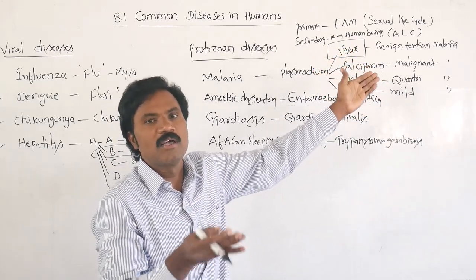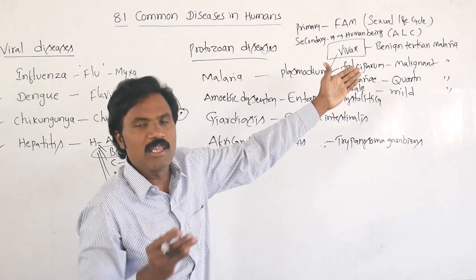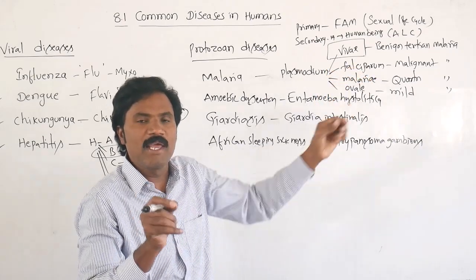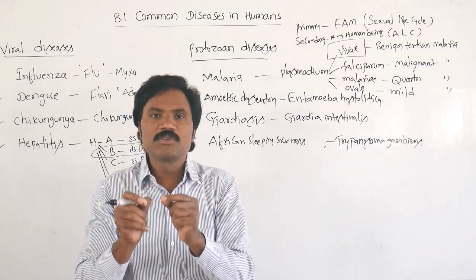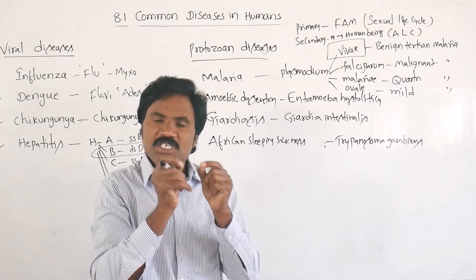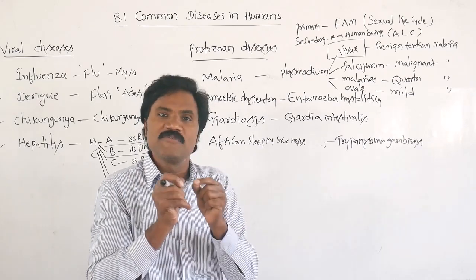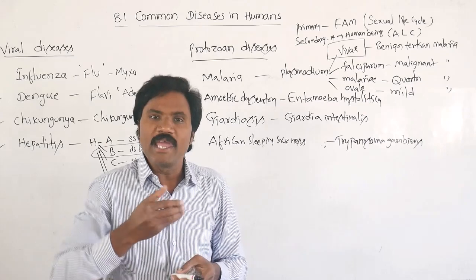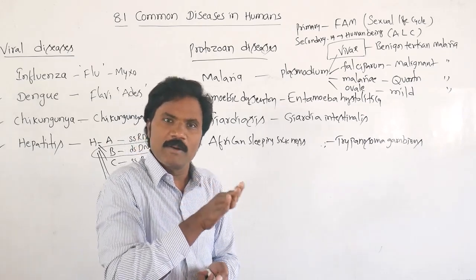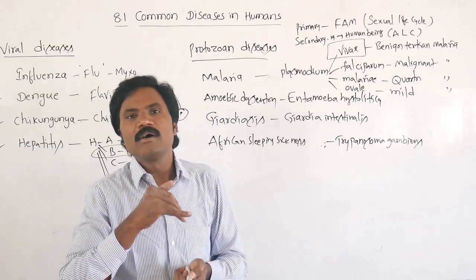It is transmitted from an infected person to a healthy person with the help of the female Anopheles mosquito, which acts as the chief vector, the chief transmitting agent, from infected person to healthy person.